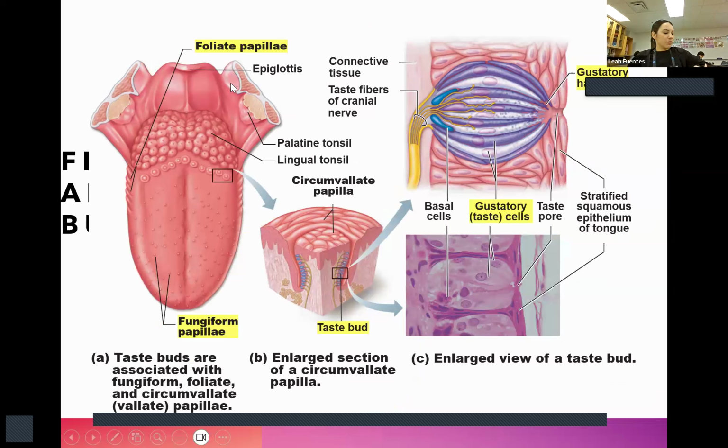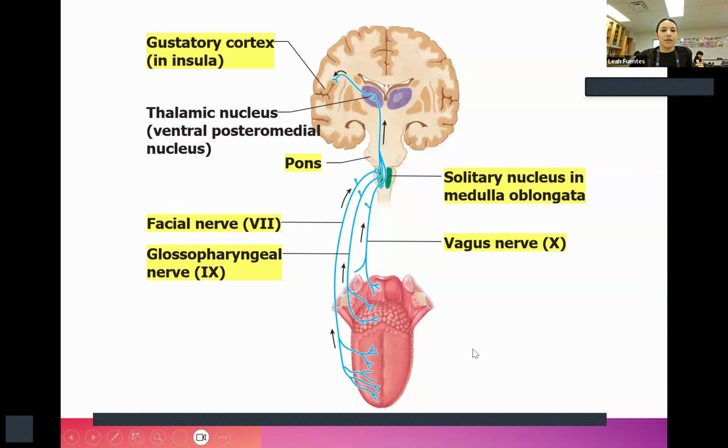On our tongue specifically, we have the foliate papillae here on the sides, and right here, our fungiform papillae. This is looking at the taste buds, and this is a larger view of that. In this image, we have our pons and our solitary nucleus in our medulla.